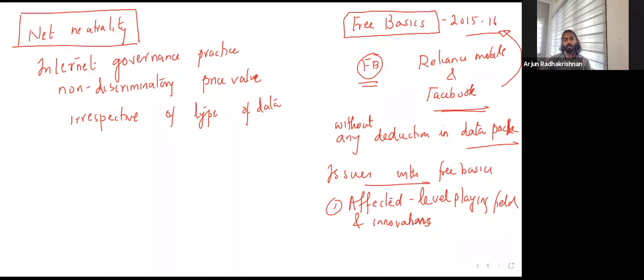You are giving priority to Facebook, so Facebook is getting unnecessary priority. So in the market, it's not a level playing field. And suppose I want to create a competitor for Facebook. Already people are using Facebook without any data pack. So why will people pay and use my network? So I will not try to innovate something which competes with Facebook. So this is why it is affecting level playing field and innovation.